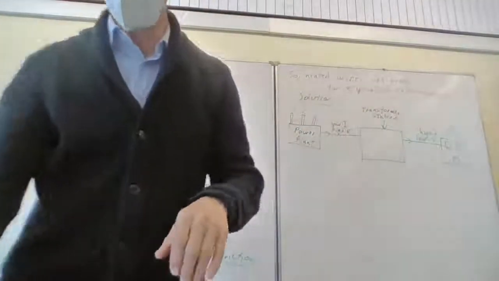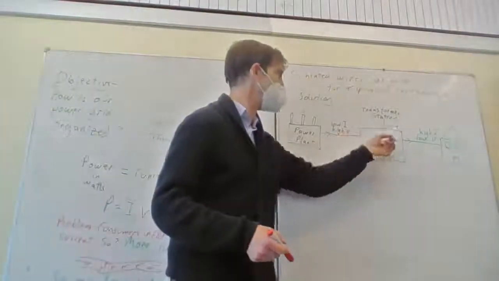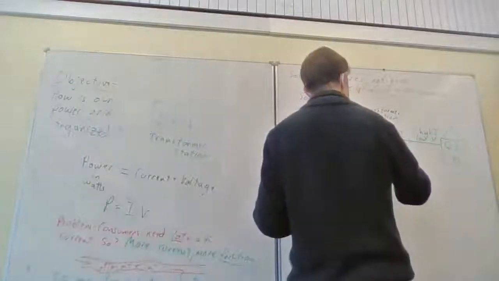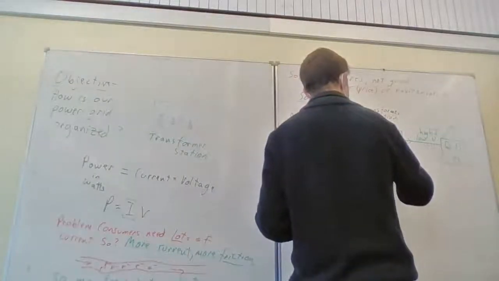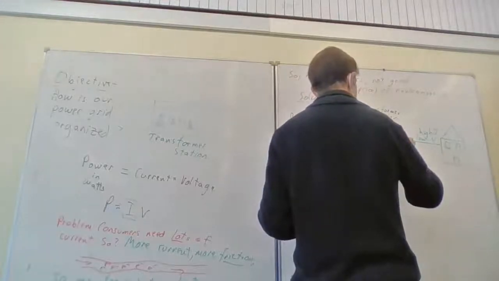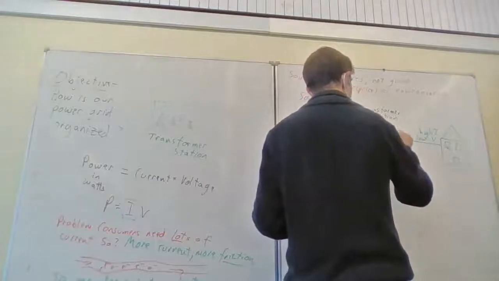How about Aaron? Can you help me out? So take a guess. Which kind of transformer do I need? I'm going to go from high to low voltage. Step down. Step down, right on. So I need a step down transformer. Can I abbreviate that to trans? Don't take it personally. Okay.